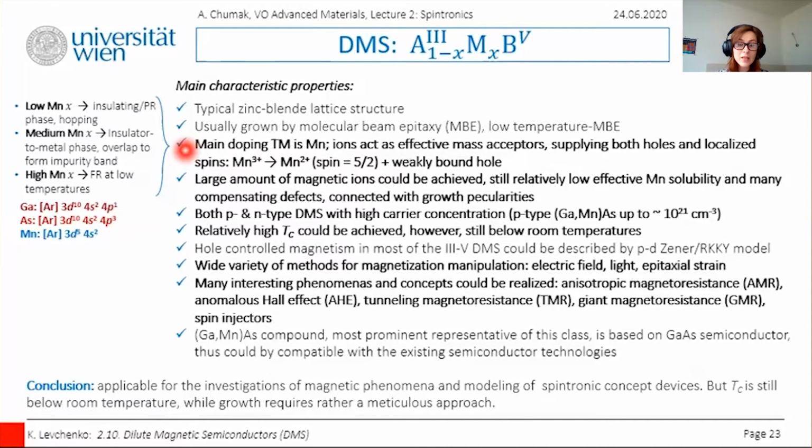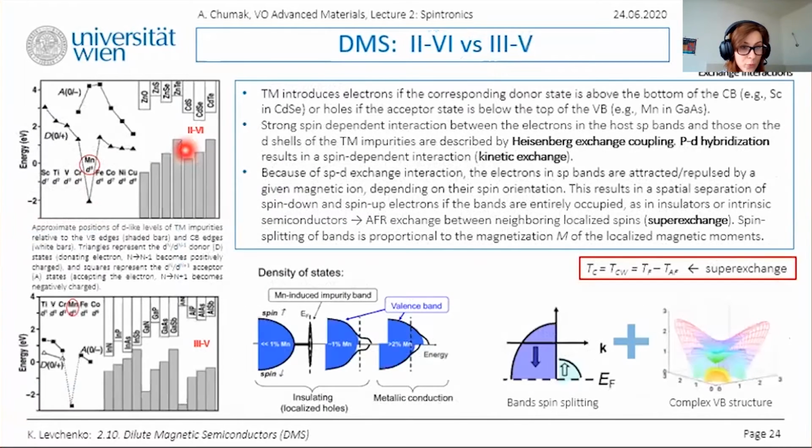Impurity and host band are now completely merged together into one inseparable band, which may have localized states depending on the concentration of the carriers, which is well shown here on this slide.